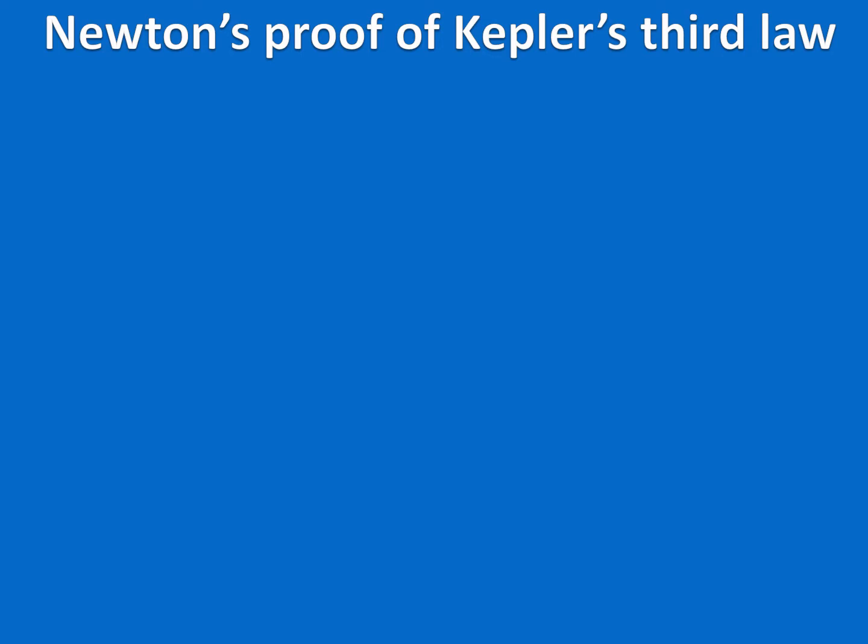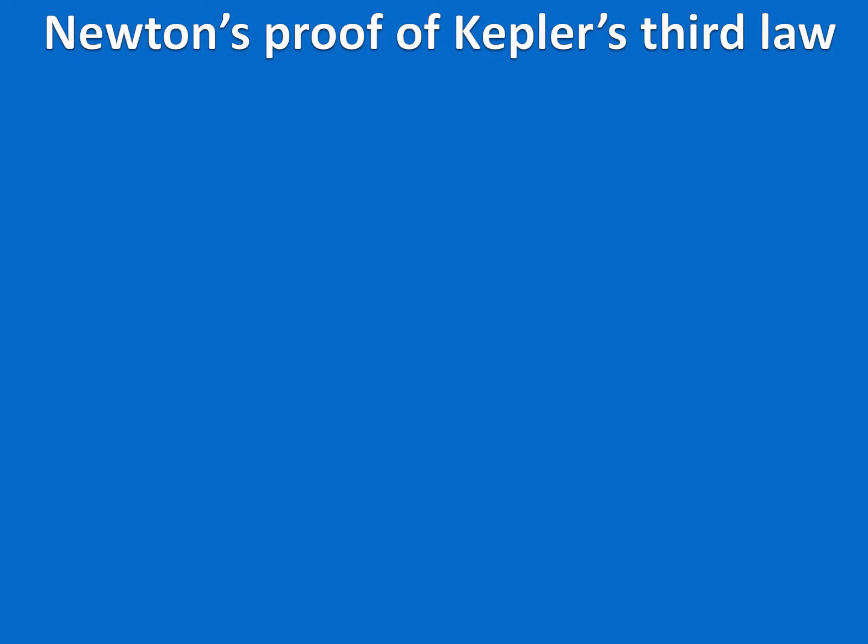Okay, so we need to get to the proof of Newton's law with Kepler's third law. So we need an expression with r cubed and T squared. So T being the time period.